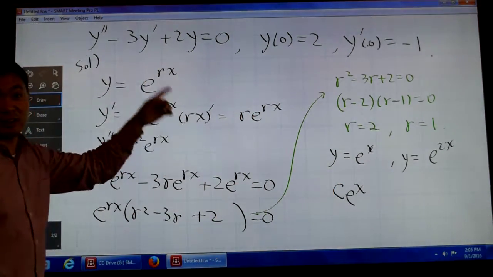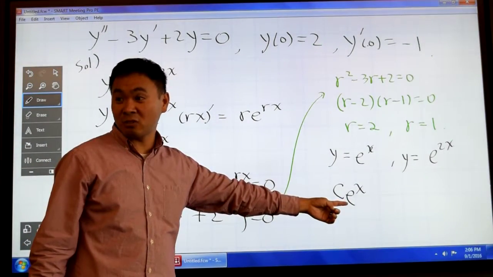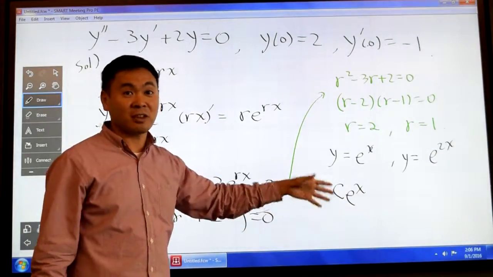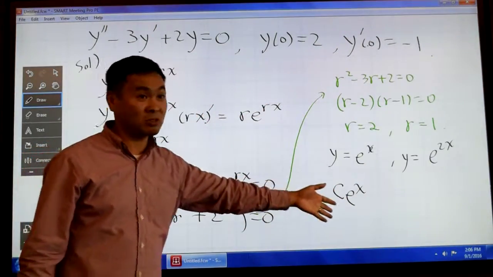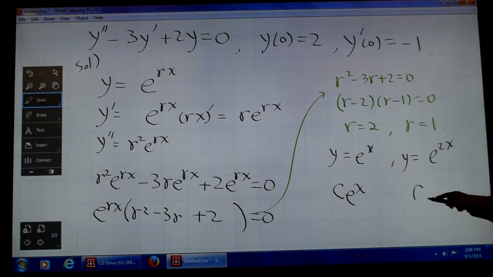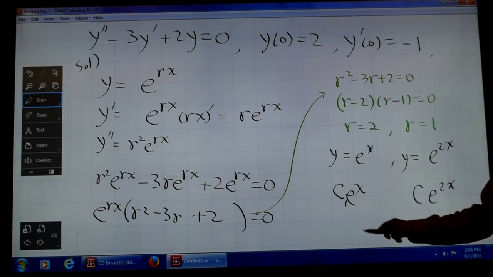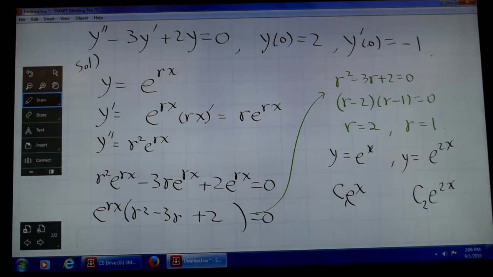You can check, right? Differentiating leaves the c, it doesn't touch the c at all. So at the end of the day, you'll still get c times 0, which is just 0. And from here, you can get another c times e to the 2x. And let's try to distinguish these two c's by putting c1 and c2 there. So just taking multiples. And not only that, if you have two solutions, adding them will give you another solution.